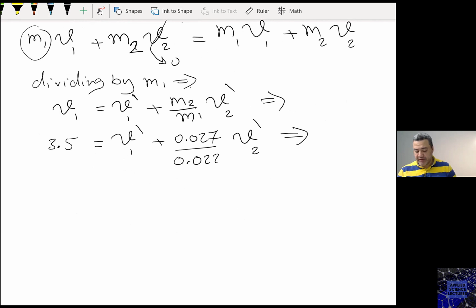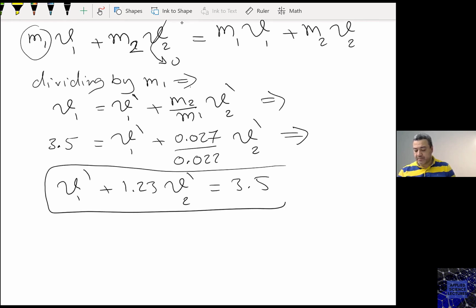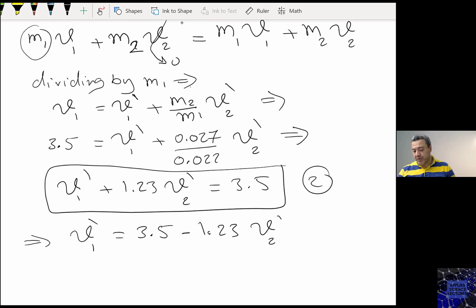Rearranging this equation, I get V1 prime plus 1.23 V2 prime equals 3.5. So this is equation number 2. Also, I can now write V1 prime in terms of V2 prime, which gives 3.5 minus 1.23 V2 prime.